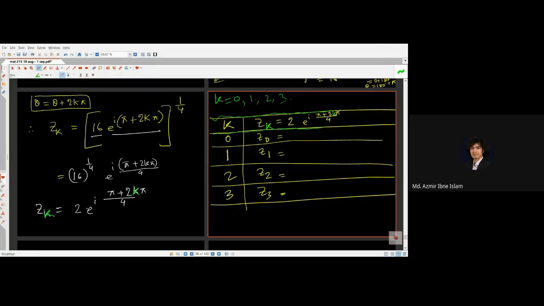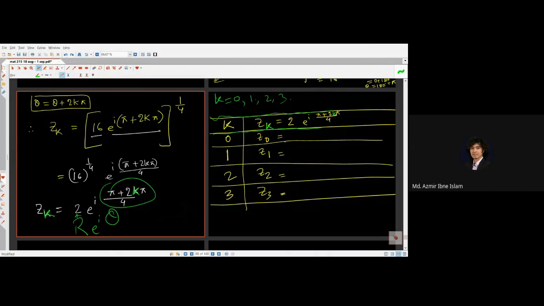First of all, you can understand that this is a polar form, r e to the power i theta. Is that okay? Yes, sir. So what is the radius of this part, or modulus? It is 2. So it will obviously be a circle with radius 2.